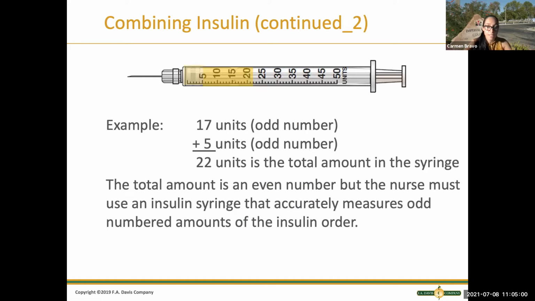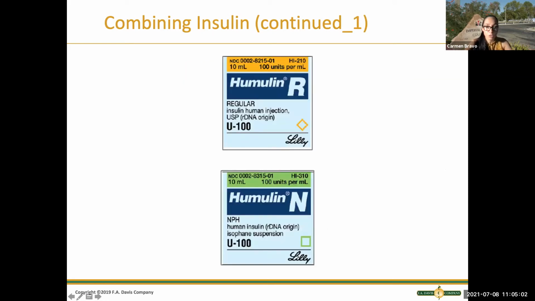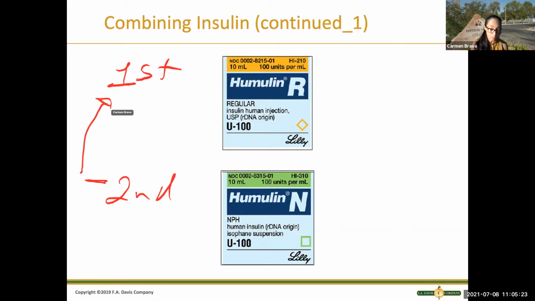So like I said, in the nursing program, we'll teach you guys, because normally this is one clear vial and this is one cloudy vial. So we normally draw out of the clear first and then out of the cloudy. If I draw the cloudy first and then I mix, and then for some reason it gets mixed up with the first, I have to discard both vials.